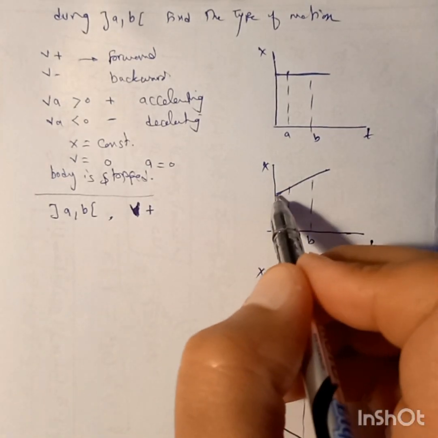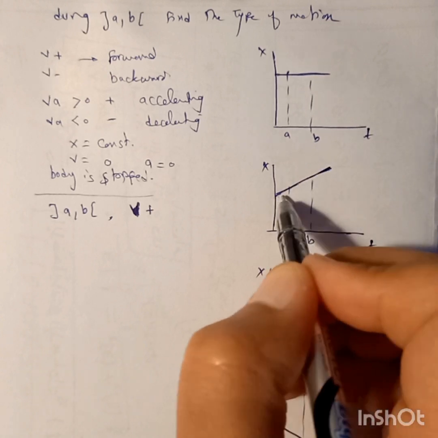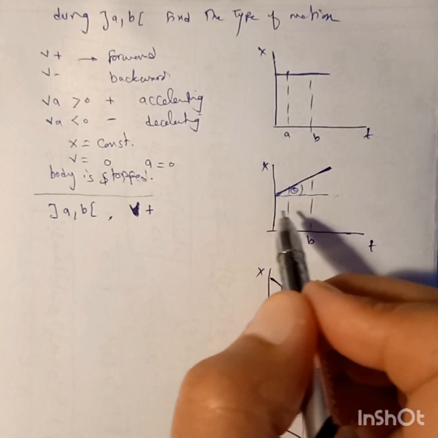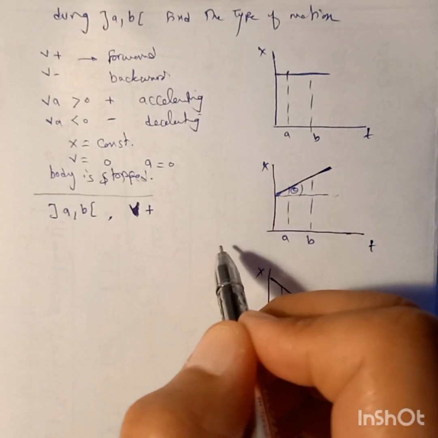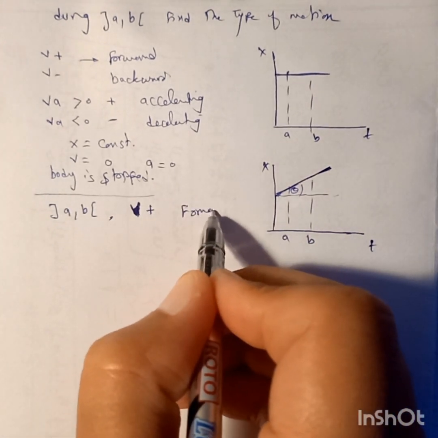As the slope of this straight line is positive, as it makes an acute angle with the horizontal axis, then v is positive as well. Then the motion is in the forward direction.